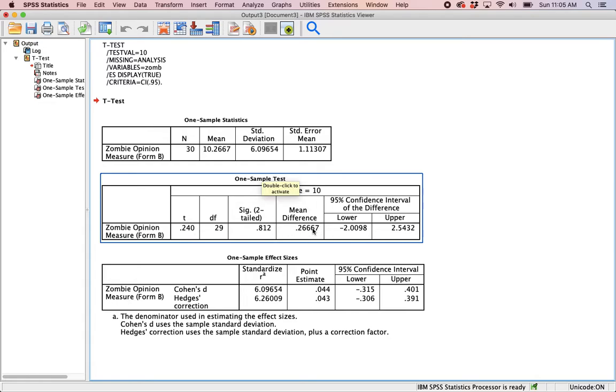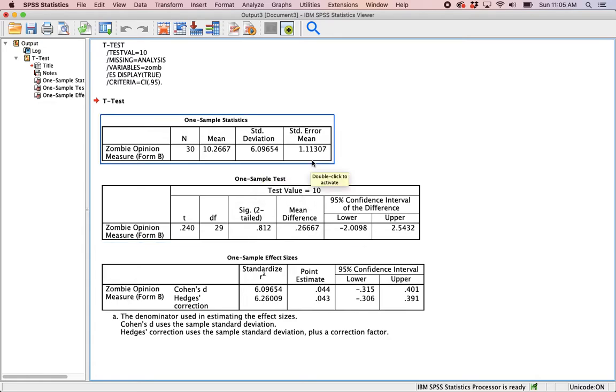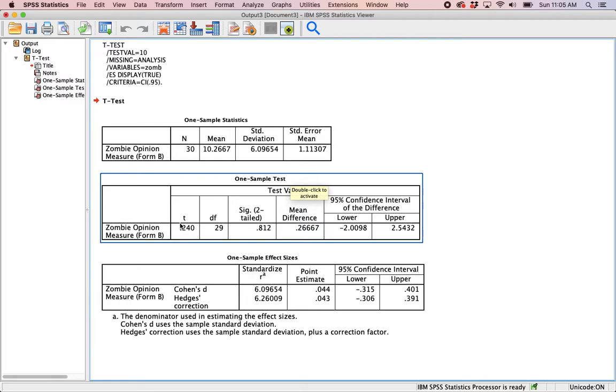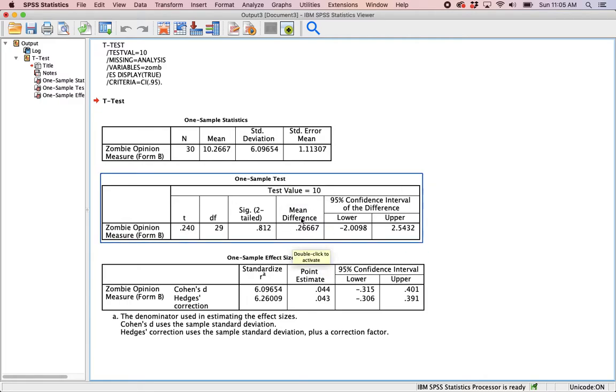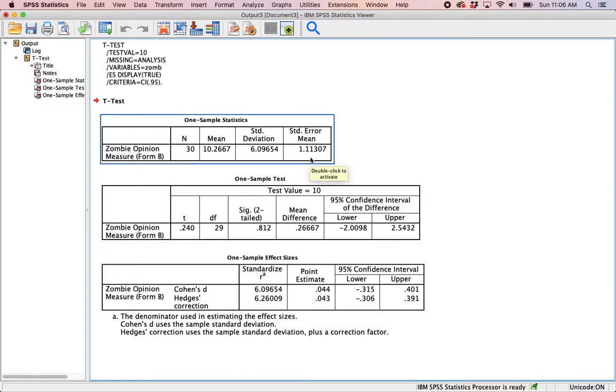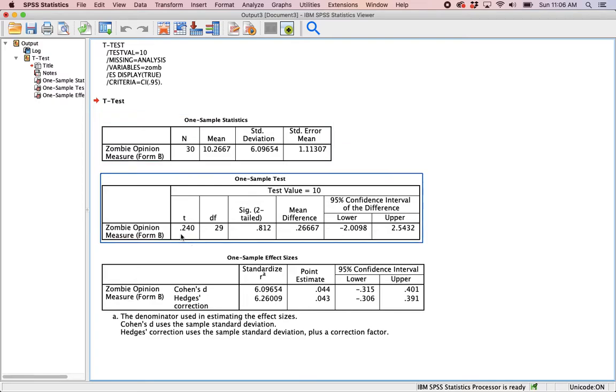We divide that mean difference by the standard error. So basically the t-statistic is a ratio of the actual difference that we saw between our sample mean and the population mean, divided by the amount of difference that we would expect just via a random sampling process. So that's what our t tells us.